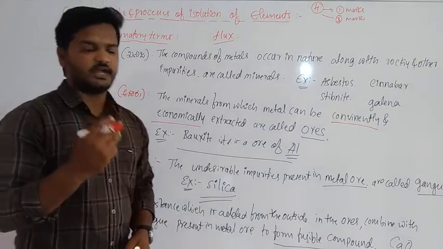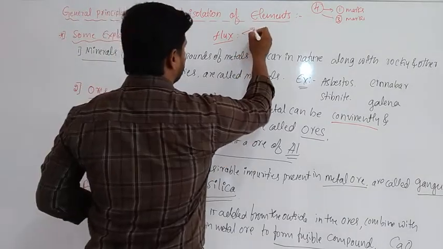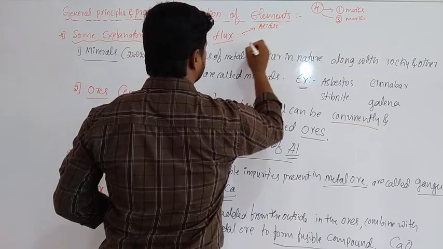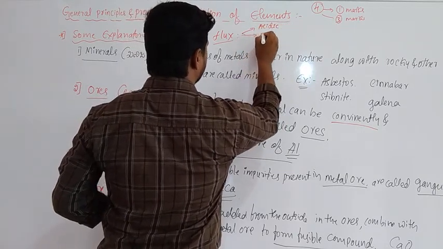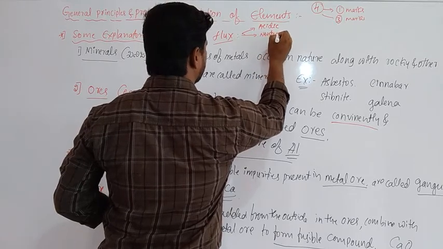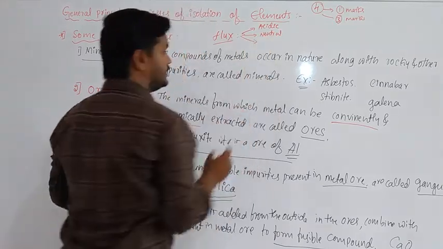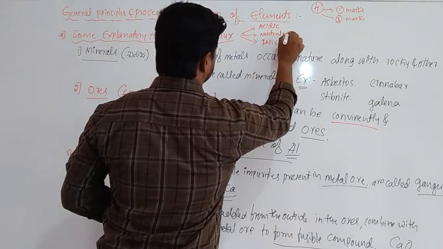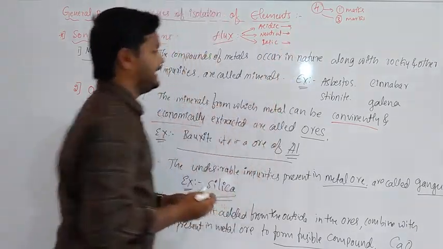So fluxes are of three types. One is acidic flux, second one neutral flux, and third one is basic flux. Acidic, neutral, and basic.